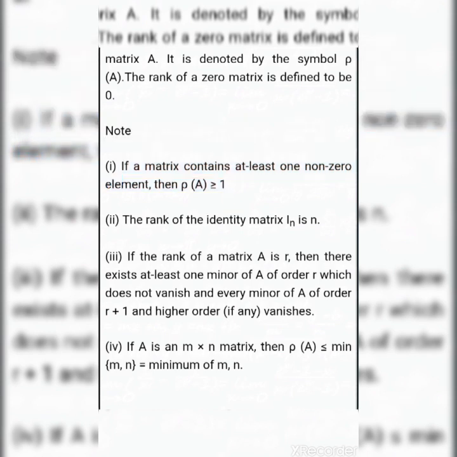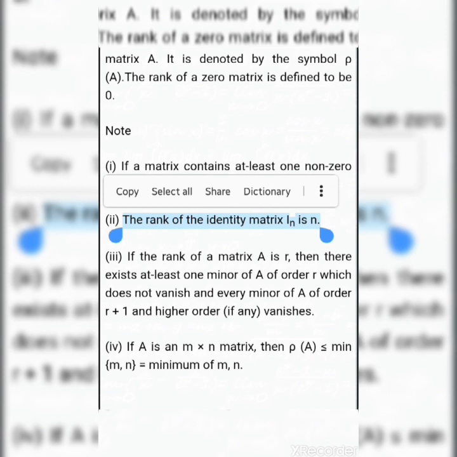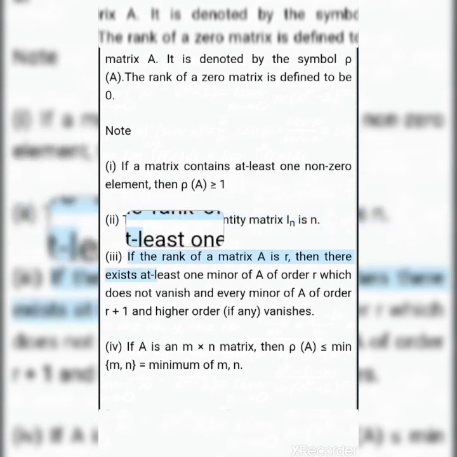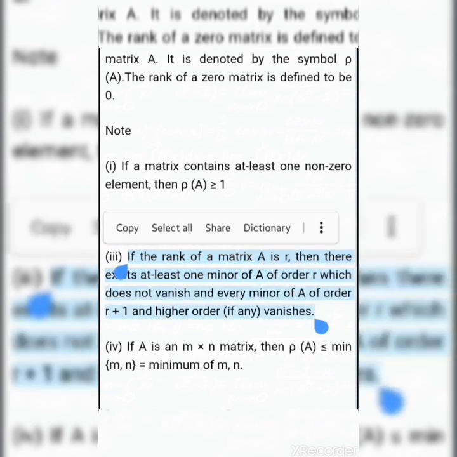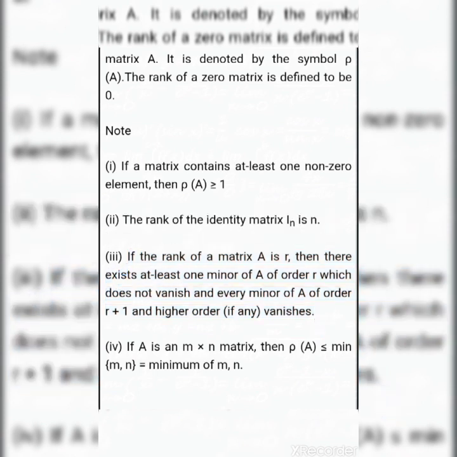Second note, the rank of the identity matrix In is n. Third note, if the rank of a matrix is or matrix A is or, then there exists at least one minor of A of order R which does not vanish, and every minor of A of order R plus 1 and higher order vanishes.